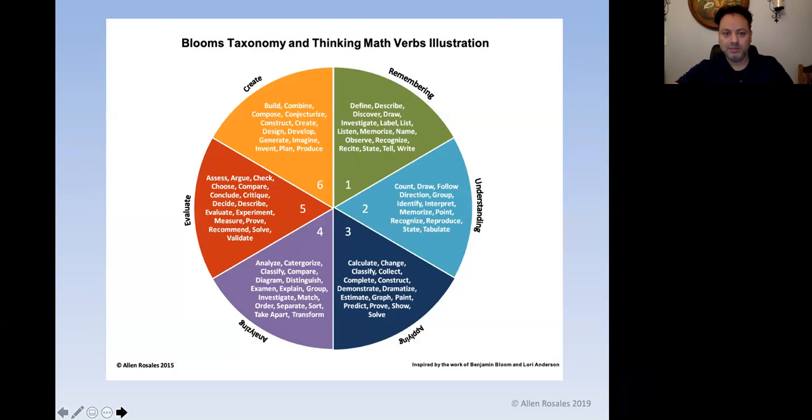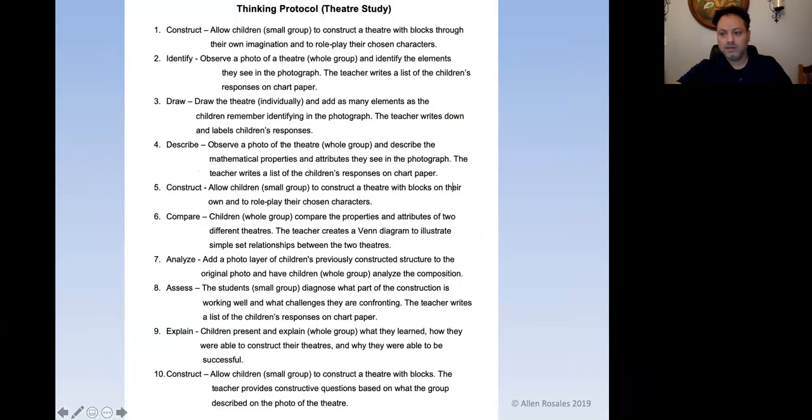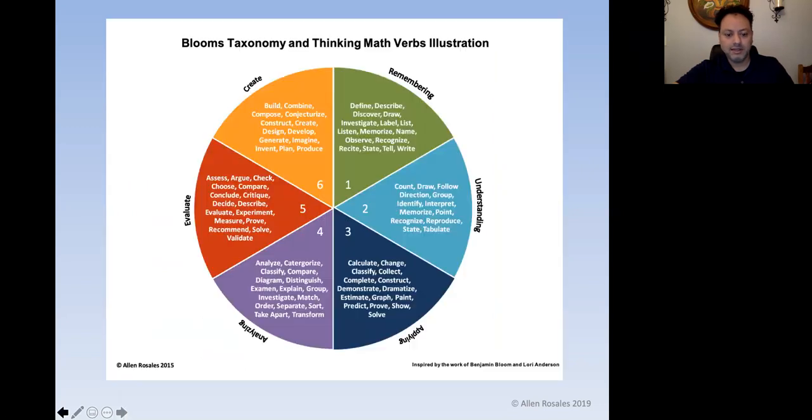And so we go back to our Bloom's taxonomy, right? All of our objectives should have one of these words in there, and that way it makes it measurable. And so I wanted to share with you all a video I want to share.